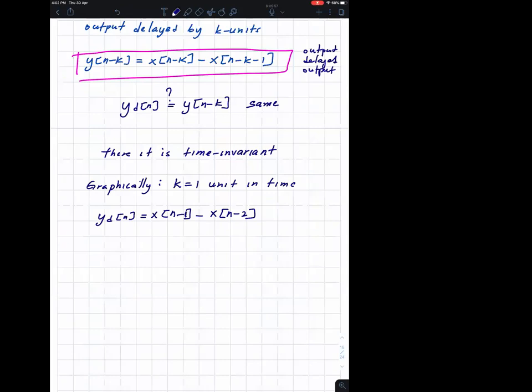Okay, let's just sketch this. Let's do this in red color or blue color or whatever.